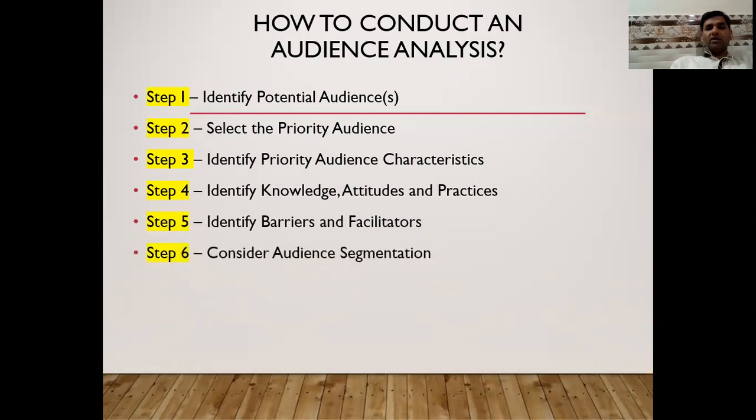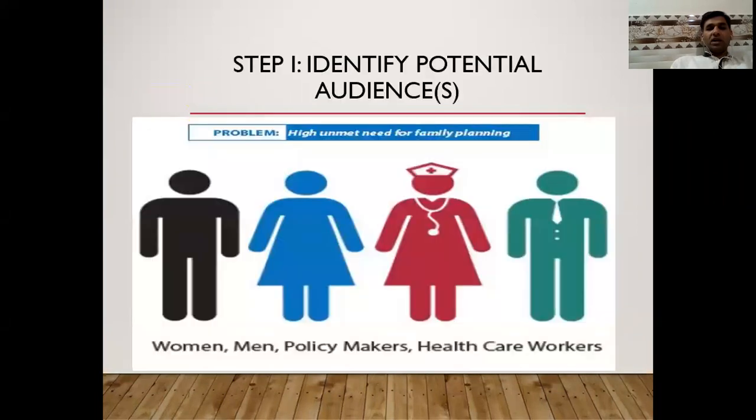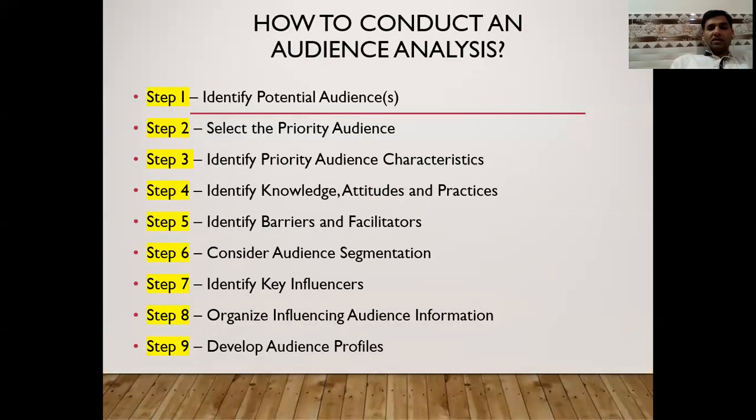Step number 6, consider audience segmentation. Step number 7, identify key influencers. Step number 8, organize influencing audience information. Step number 9, develop audience profiles. So these 9 steps, I just included to show you how to conduct an audience analysis.